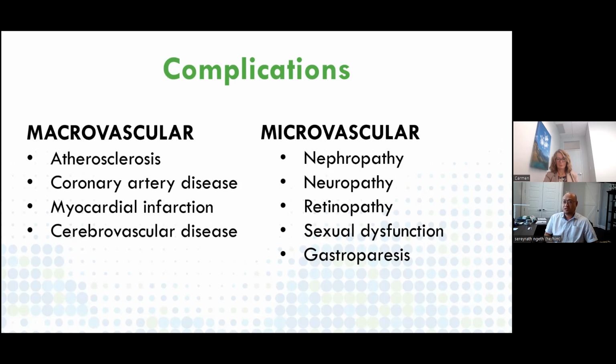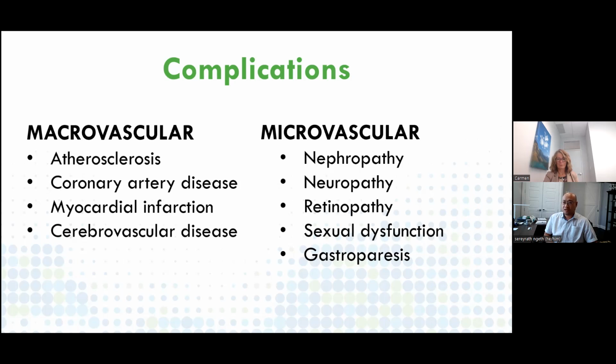And what happens is that the diabetes can unfortunately harm the blood vessels of the kidneys, and we often see protein spilling from the blood into the urine, which is not ideal, and it's a sign of kidney disease from diabetes. Neuropathy is damage to nerves from diabetes, and the damage can happen anywhere. Most often we see it in the feet, even in the hands, but really it can happen to any nerves in the body. Retinopathy is damage to the blood vessels of the eyes due to diabetes.